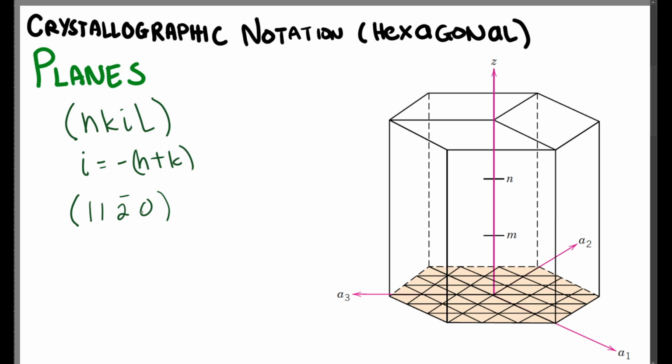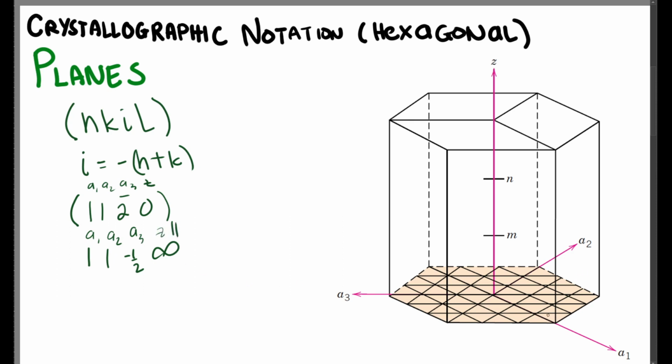Since we know these are the reciprocals of the intercepts, we take the reciprocal of each of these for A1, A2, A3, and Z. The reciprocal of 1 is 1, 1. For 2 bar, negative 2, the reciprocal is negative 1/2. And for 0, the index is 0, which means it's parallel to the Z direction, so the intercept is infinity. Then we just draw a plane that has intercepts of 1 at A1, 1 at A2, negative 1/2 at A3, and at Z it is parallel.